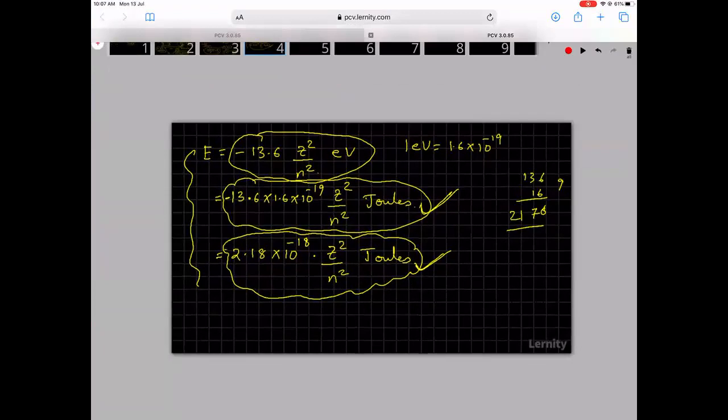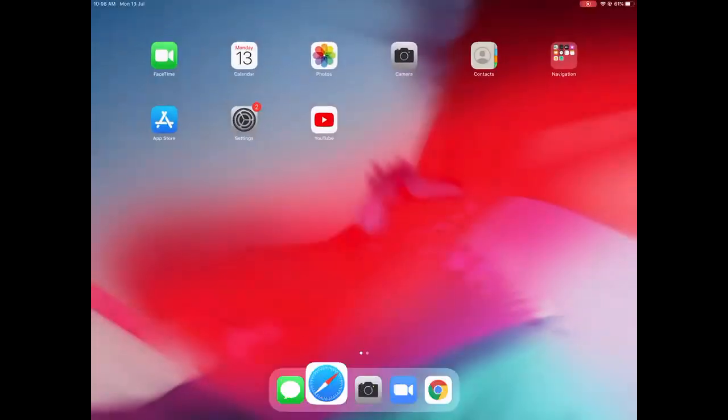Minus sign is there. So minus will be there. These numbers and then be ready. Then we'll move on.